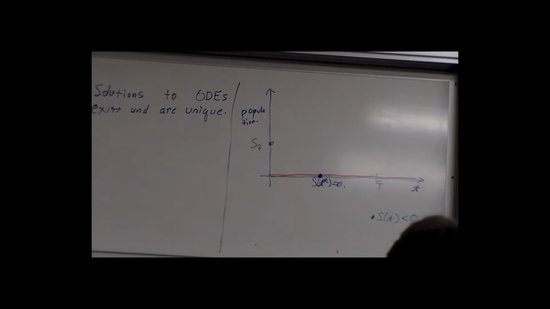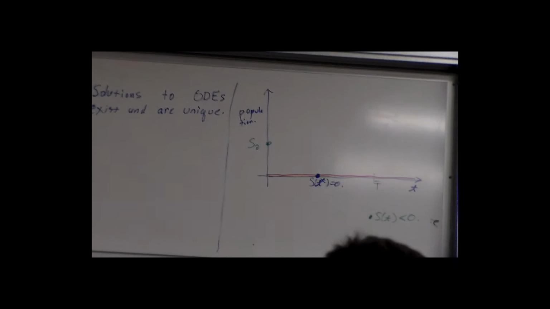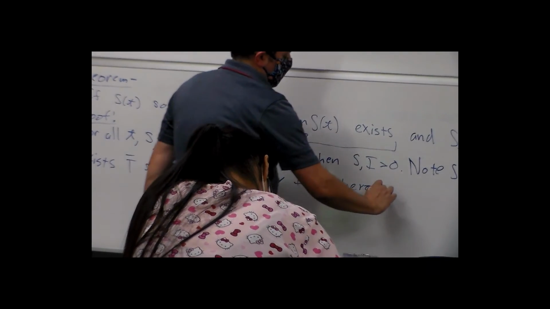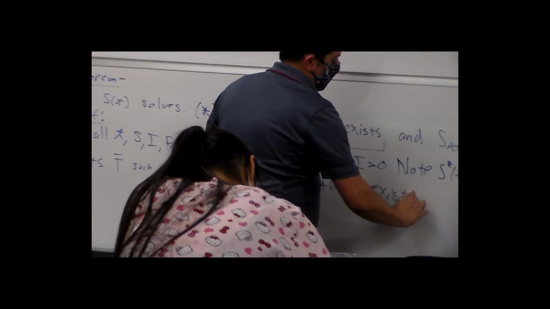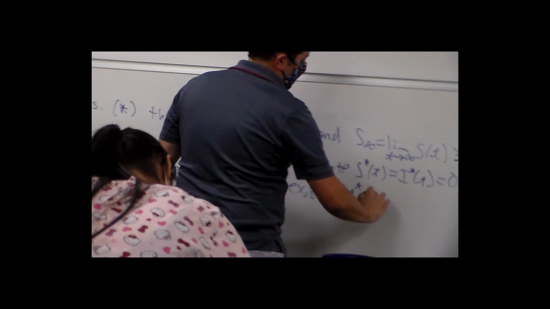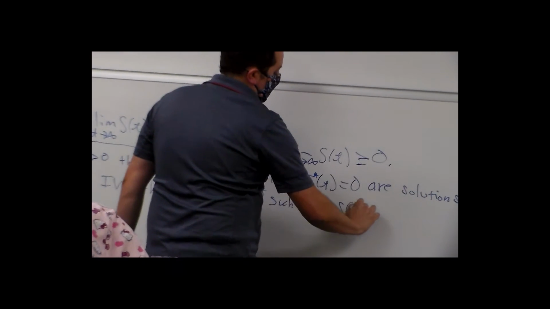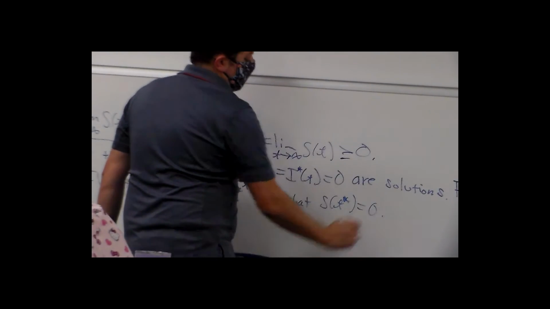Okay, so there exists some t bar such that this thing is less than 0. I'm going to just abbreviate this and say by intermediate value theorem, there exists t star such that S of t star equals 0.